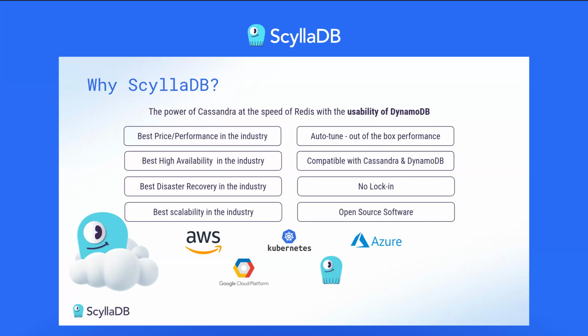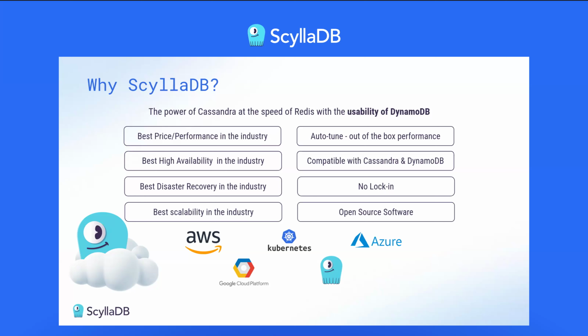Generally speaking, we provide the best price and performance in the industry. A great benefit of ScyllaDB is that it provides great performance out of the box, so there is not much configuration that you need to do in order to achieve great performance. We are compatible with Cassandra and DynamoDB. So our main API, our main language, is the Cassandra query language, but we also have a DynamoDB API.